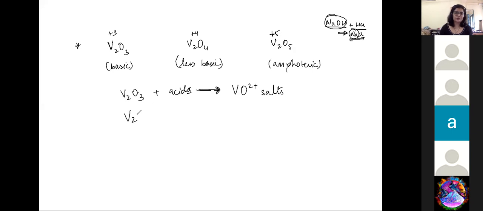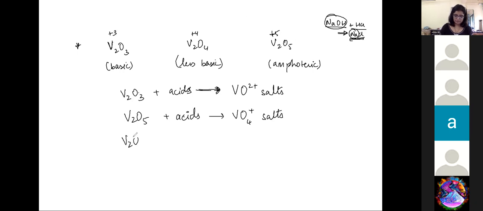Similarly, V2O5 is amphoteric. When this reacts with acids, V2O5 acts as a base, which is why you're going to get an oxocation, VO4 plus salts.